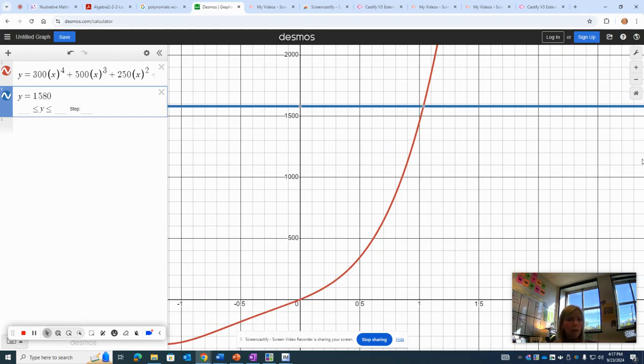And it gives me a nice line. And I just have to click right here. And I can see an x value of 1.03489 makes the function equal to 1,580.